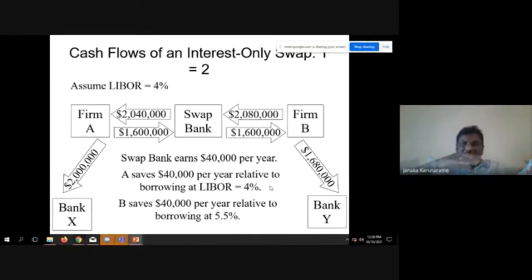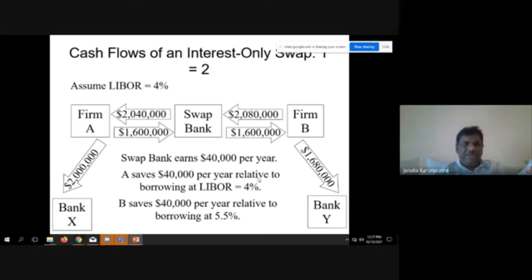Similarly, you can structure for the next year, time T2, let's say LIBOR is 4%. And after 3 years, LIBOR is 5%. Whatever the structure, what happened? You end up with the same saving. At 4% in the second year, you end up with the same saving.